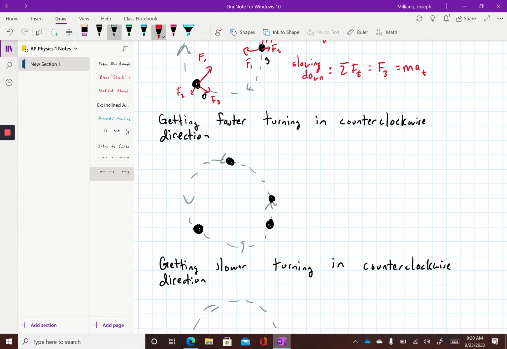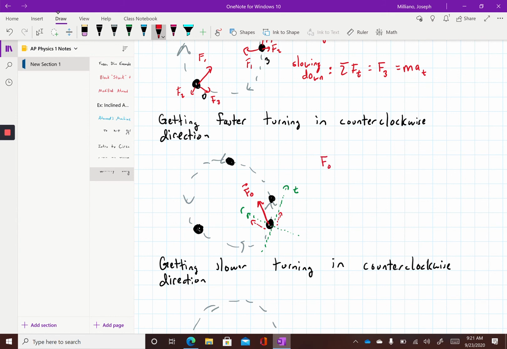So long as, and I'm going to draw in the radial direction and the tangential direction so that we can see it clearly, we have one force that has components in each direction. We'll call this F naught. It has a radial component to it, and it has a tangential component to it.